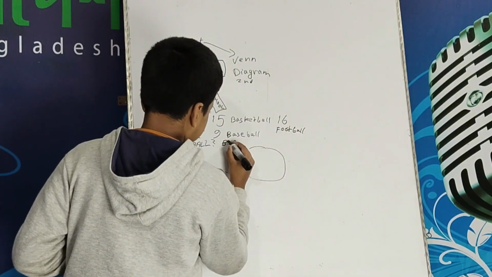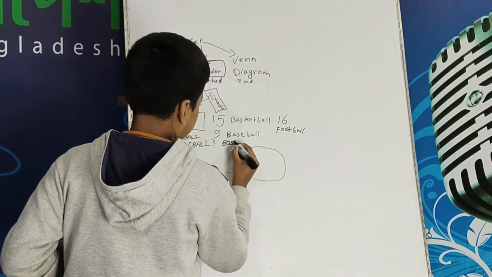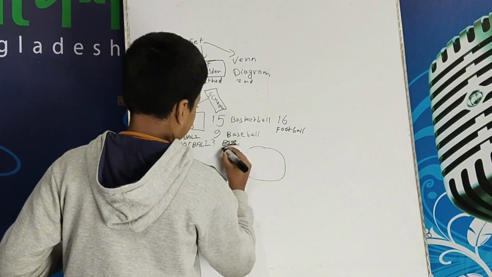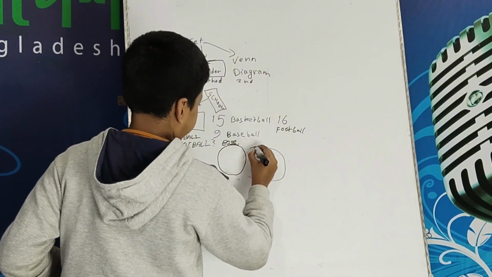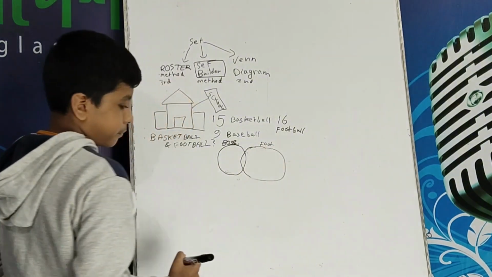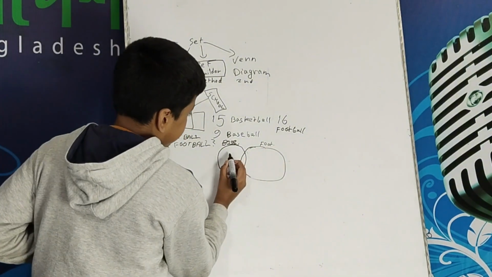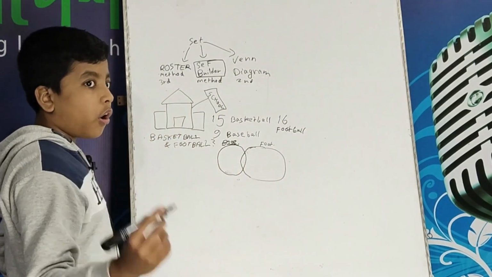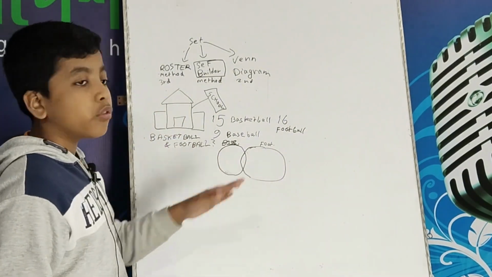We don't know that. So now, time to learn another operation here. So let's say this is the people that like football. Okay, so this is the people who like only baseball, but no football.